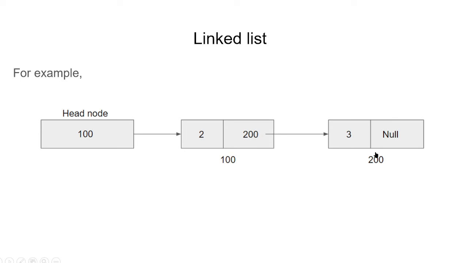So to point to this node, this pointer must have the address of that node, that is 200. And if we see this node, there is a data part, but in the pointer section there is null. That is, this node does not point to any other node. This is the last node.